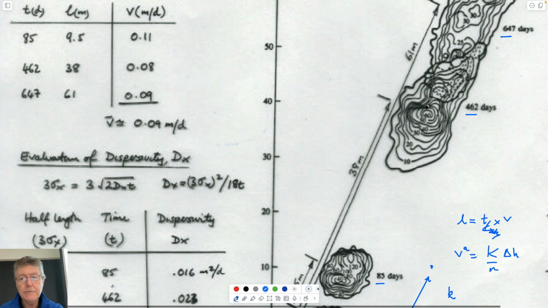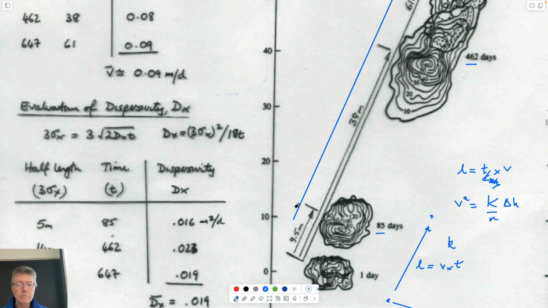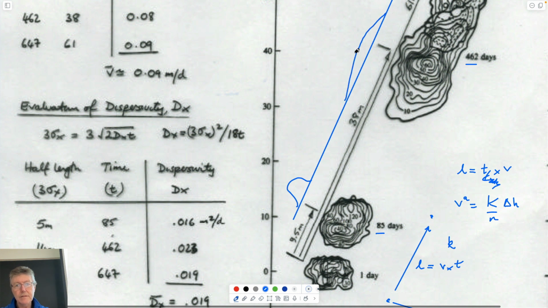You'd realize that these profiles, if you looked at them along this here, would look like, can't draw it on the side very well, these would look like your bell curves of varying width and height.